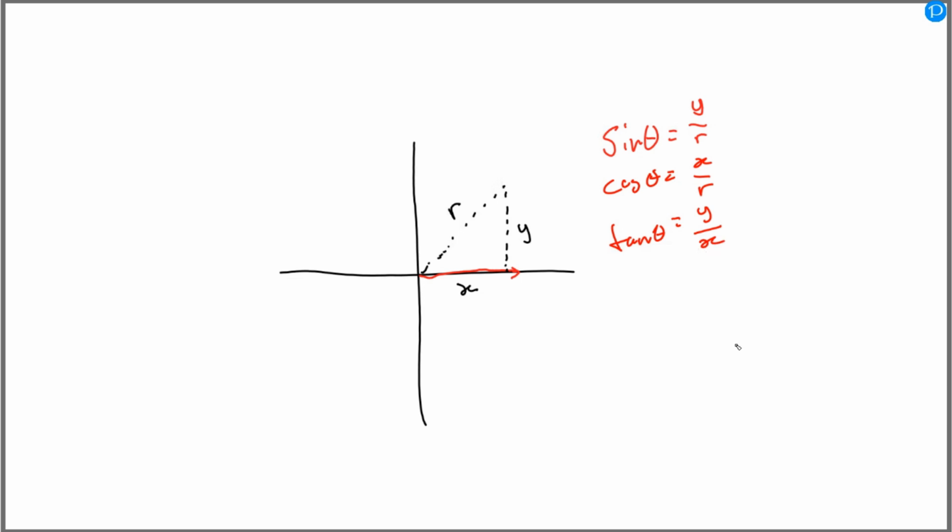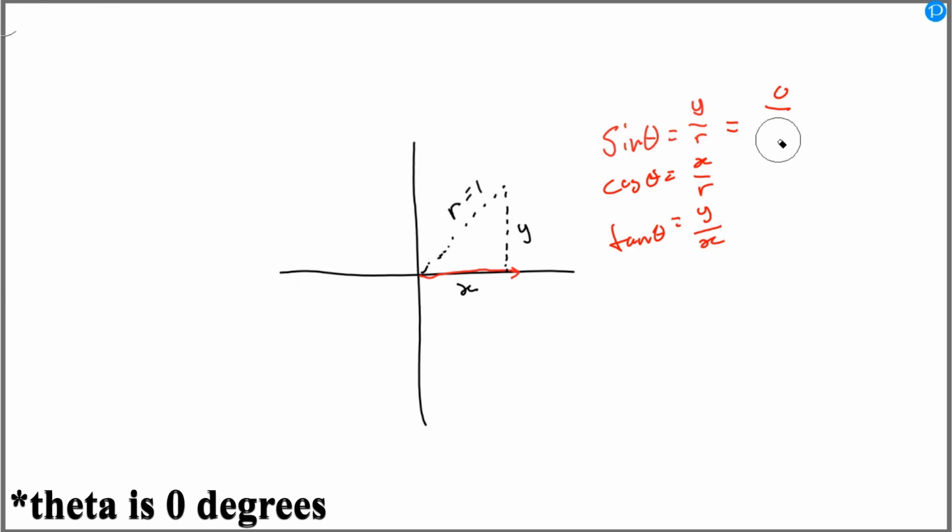Right? So when we have just a line there, we can just plug our values in. So sine theta, y is 0, would be 0 over r. And let's say we have a unit circle here, so r is equal to 1. So you'd have 0 divided by 1, which is equal to, well, 0.